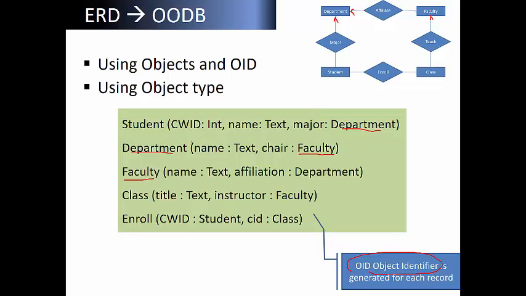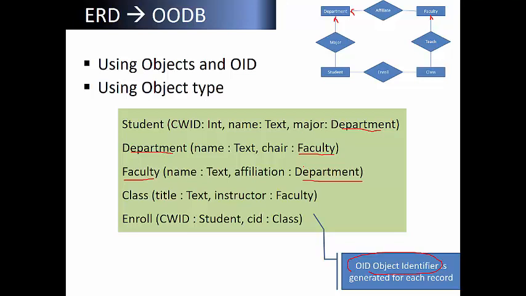The faculty class, or faculty table, has attributes name and affiliation. The affiliation of a faculty is a department, right? So again, the type of the affiliation of a faculty is the OID of a department.